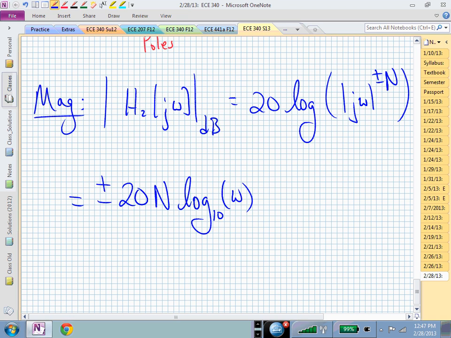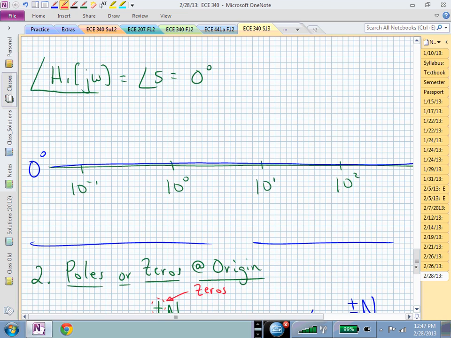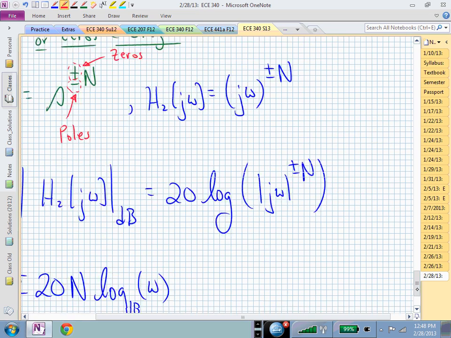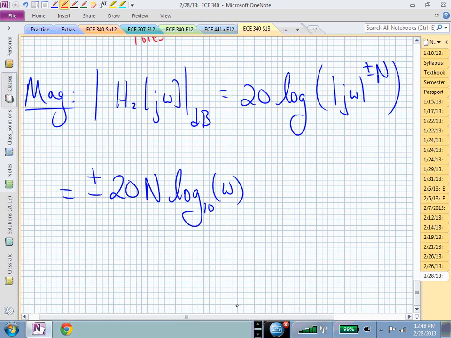Plus means what? Zeros. So just think what this is representing. This log of omega, if you remember what we were doing before, that was our independent variable axis. This piece right here, when we're sketching this, is actually our independent variable.